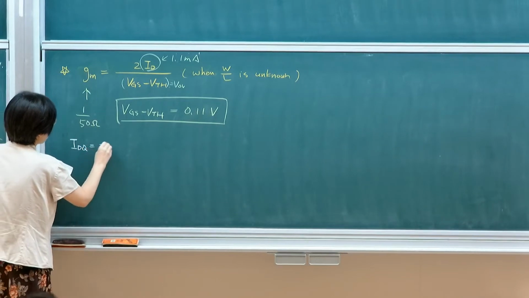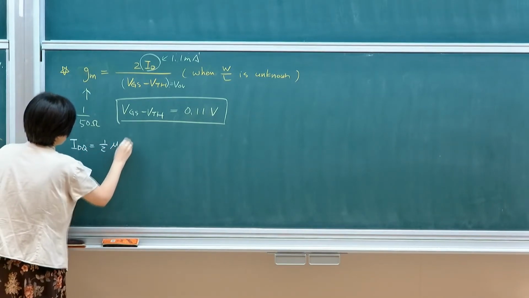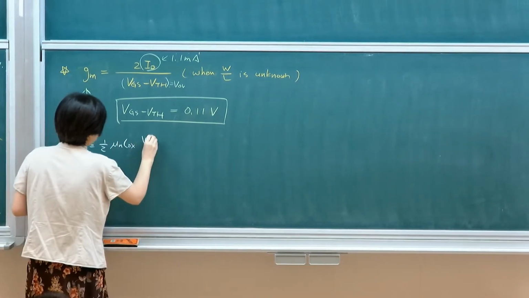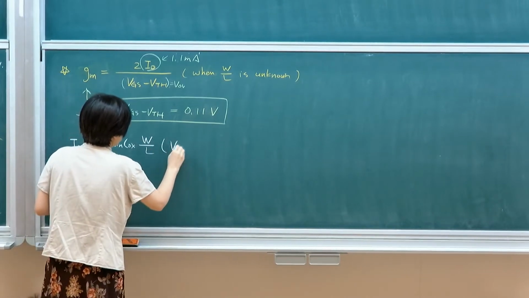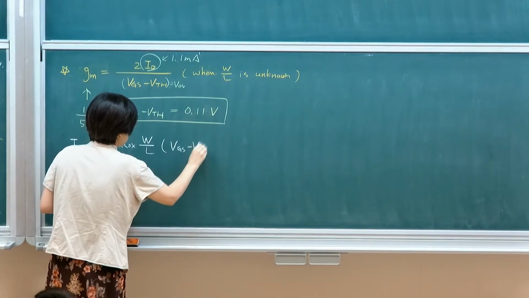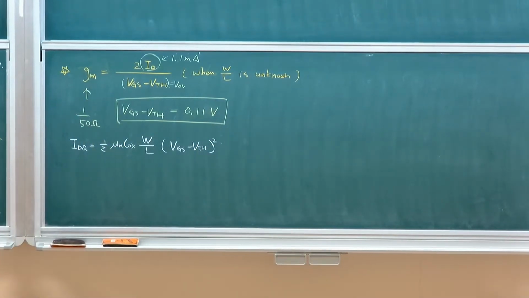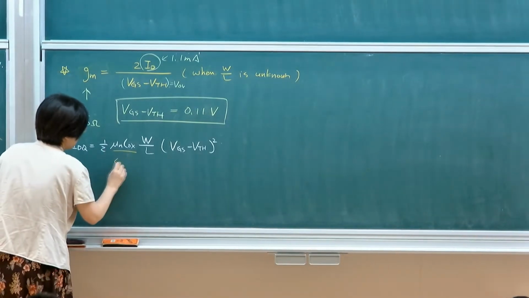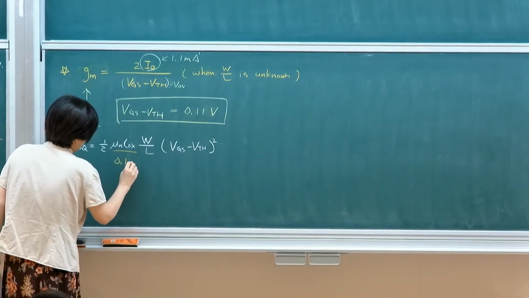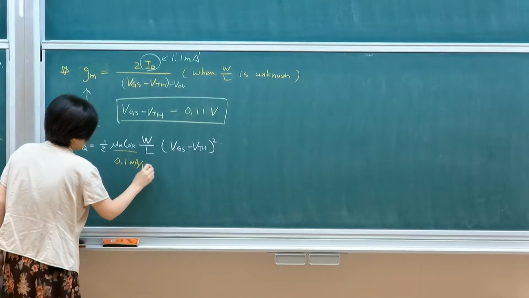IDQ equals 1/2 mu n Cox W over L times (VGS minus VTH) squared. I'm just going to use the first order equation in saturation. So this is known. This is 0.1 milliamp per volt squared.